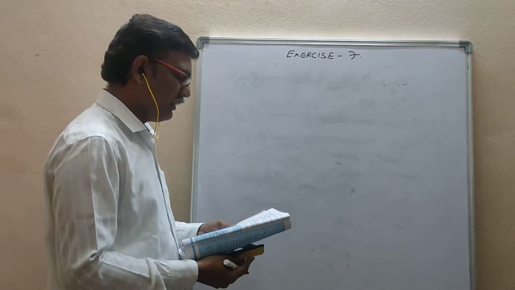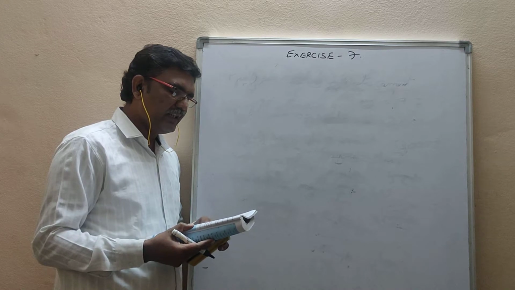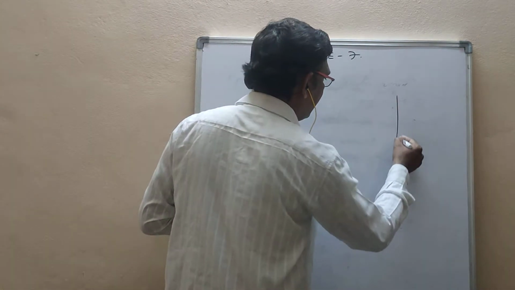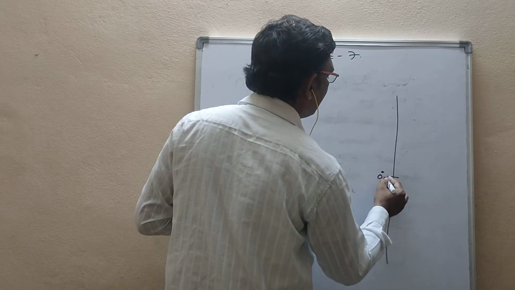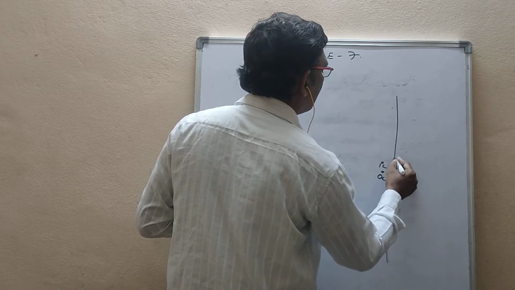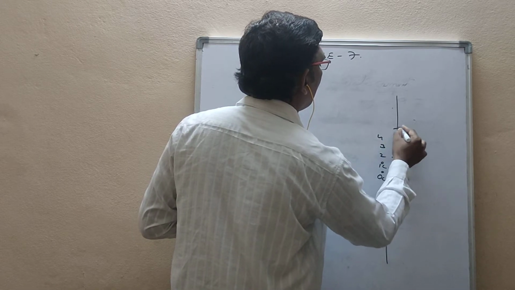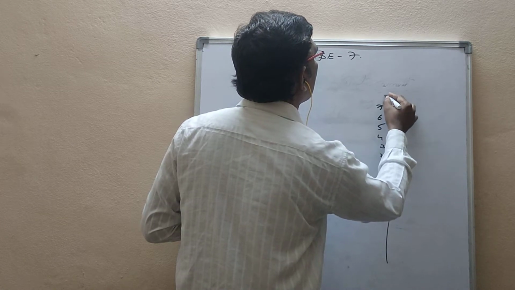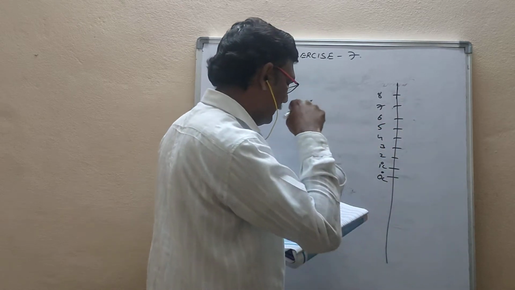The temperature at 12 noon was 10 degrees centigrade above 0. Here, see, I will write a scale. If I keep 0 degree centigrade here, then this will be 1, 2, 3, 4, 5, 6, 7, 8, like this.